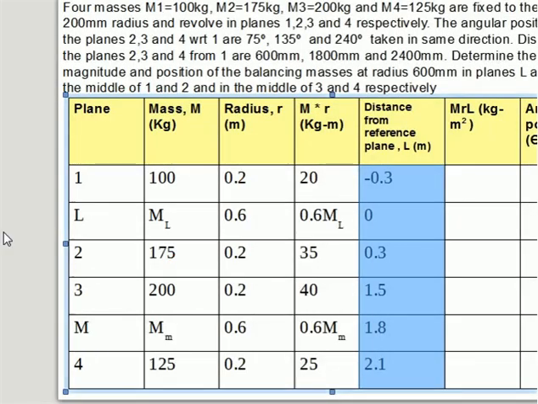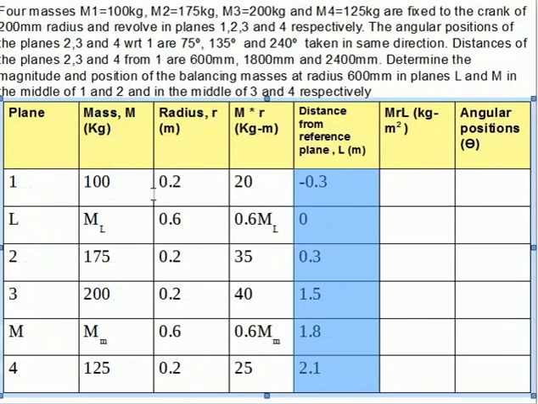So after this, we'll construct one more diagram, that is the space diagram. While constructing the space diagram, you have to start with one 0 degree line, and for constructing the space diagram I need the radius of each mass as well as the inclination between each mass.